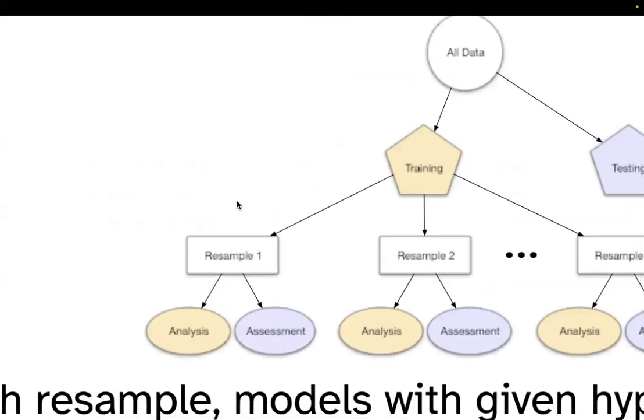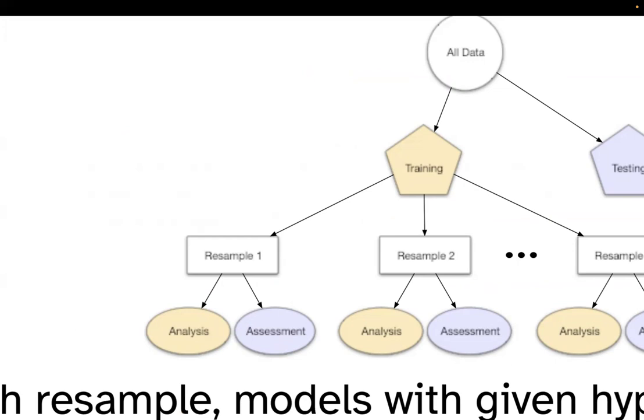So let's say again, for resample one, you're going to split that resample into two sets. One is analysis, one is assessment. You use the data in the analysis set to train a model with a given combination of hyperparameters, and then you make a prediction of that model on the assessment set. You do that for many of those resamples and for all of the hyperparameter values you have.